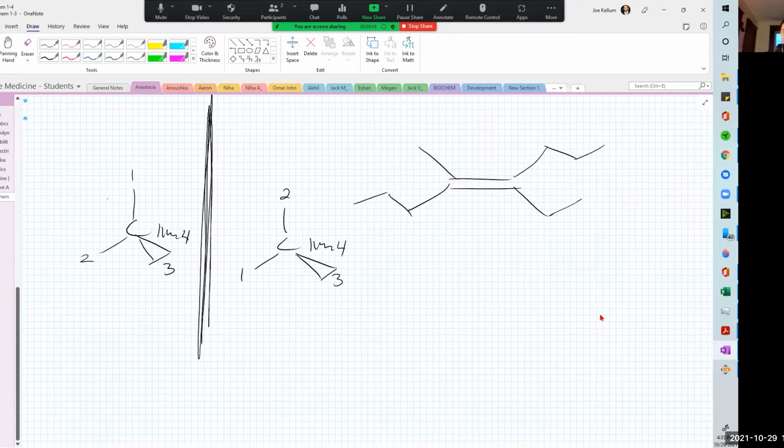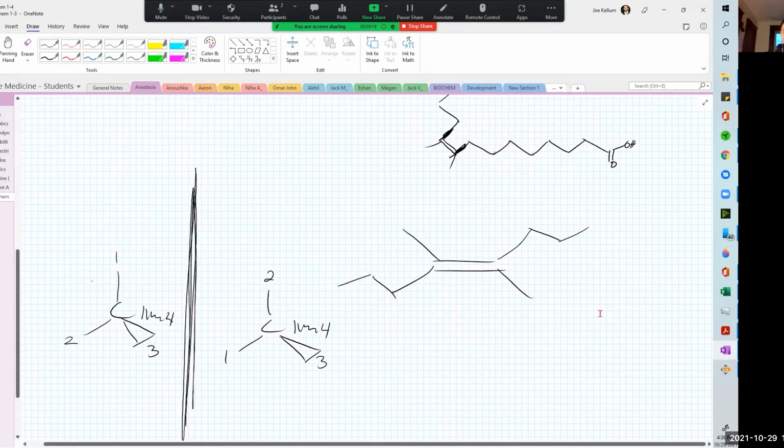Okay, yeah. My example's gone because I had the undo redo going back and forth. But I was basically just taking this and moving it down here to alternate between cis and trans.